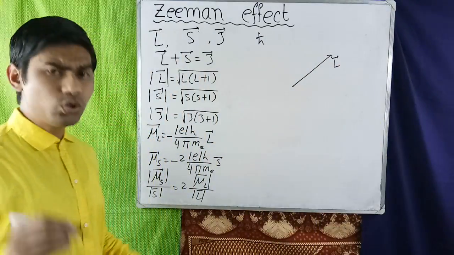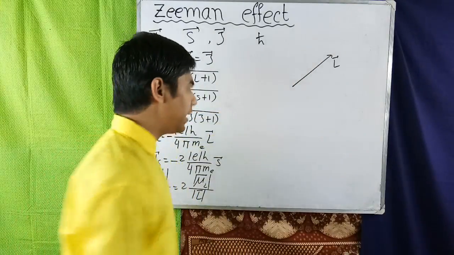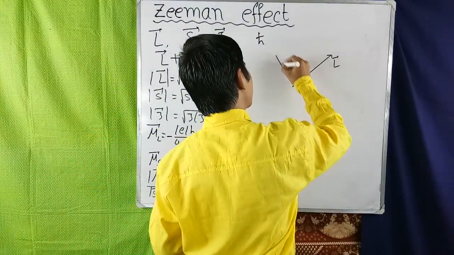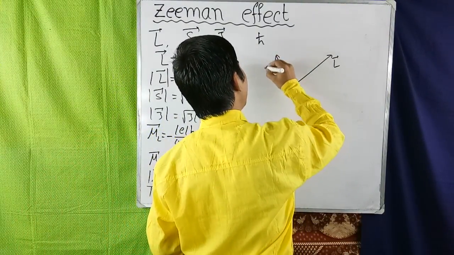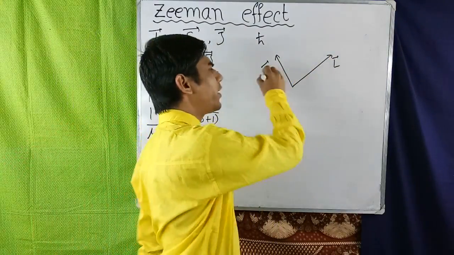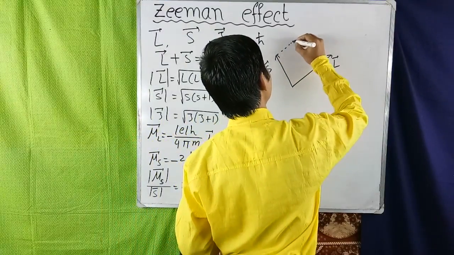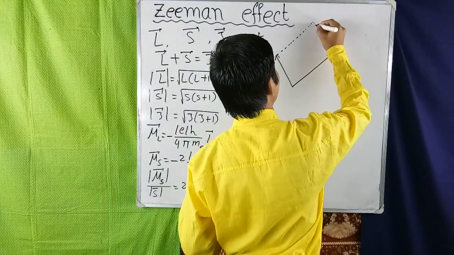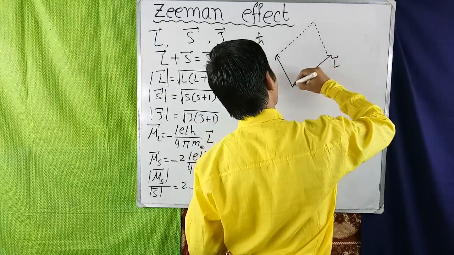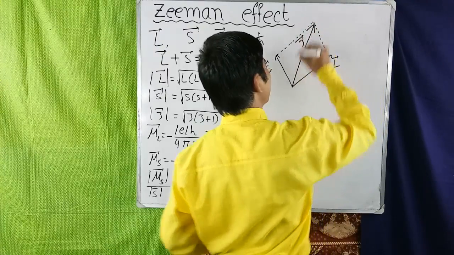Okay. First we draw L vector and S vector. This is L vector and suppose this is S vector. And the resultant of L vector and S vector is J vector. So this is J vector. Okay.